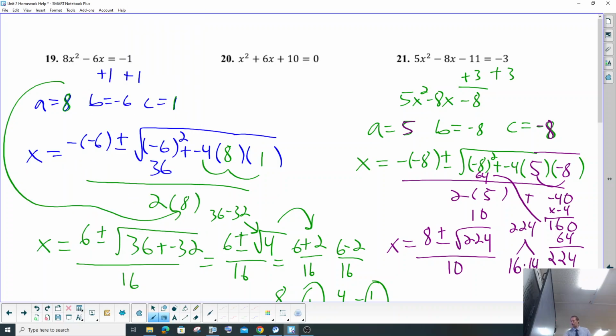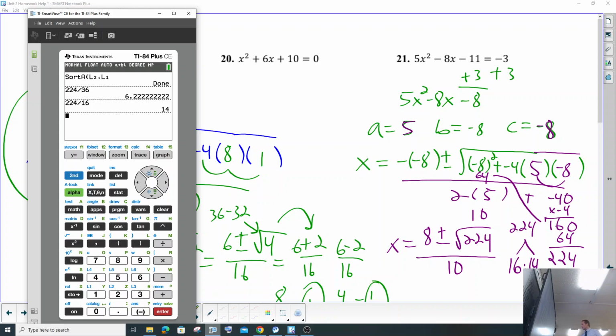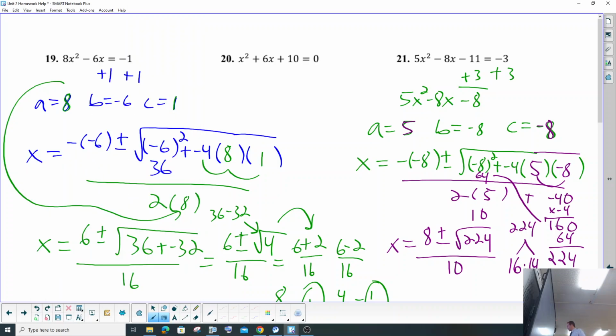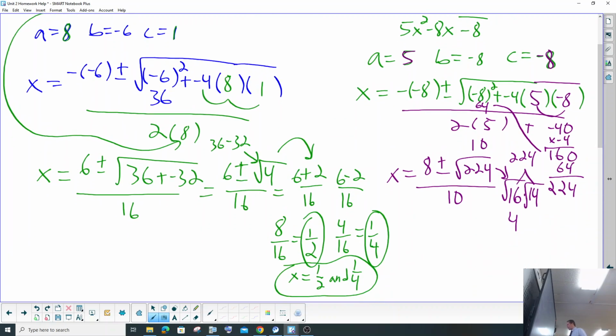I just used 9, 16, 25, 36, 49 perfect squares to see, and it worked. So the square root of 16 is going to become a 4. And so now we have 8 plus or minus, and the square root of 16 is 4, so that comes out. The square root of 14 is still there.